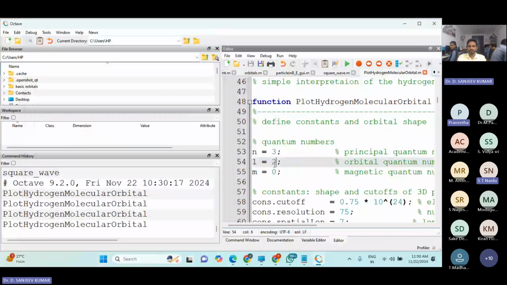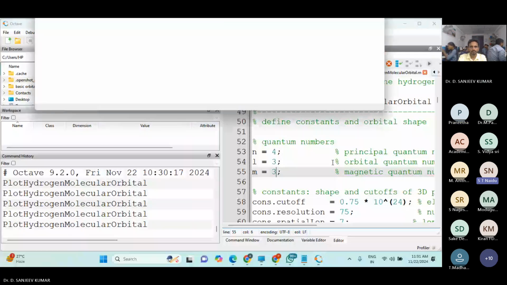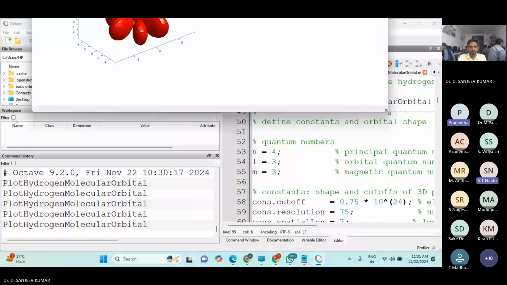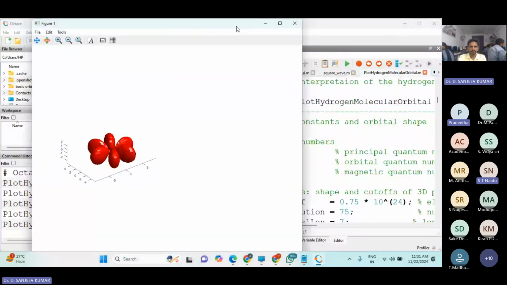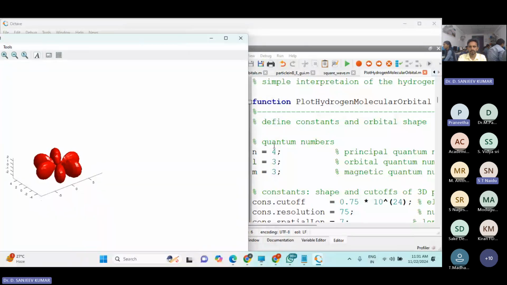So you can vary different values of n, L, and m. So n should be 4 if you want to plot f orbital, we'll try to see. This is f orbital. N is equal to 4, L is equal to 3, and M is equal to 3.